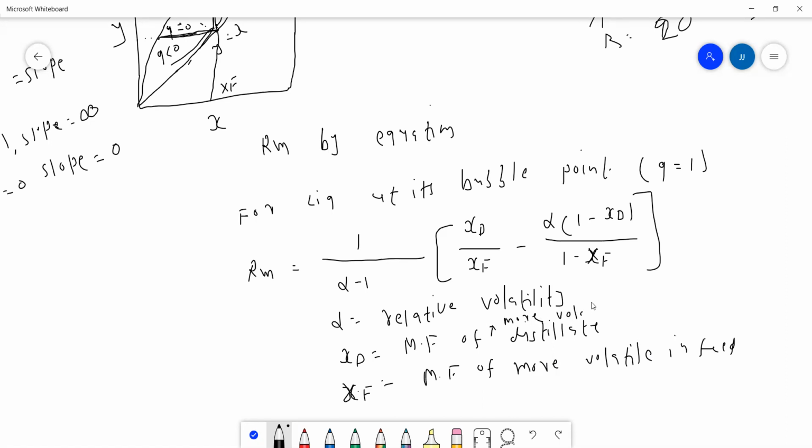So using this equation, we are able to determine the minimum reflux ratio for liquid at its bubble point, or for saturated liquid.